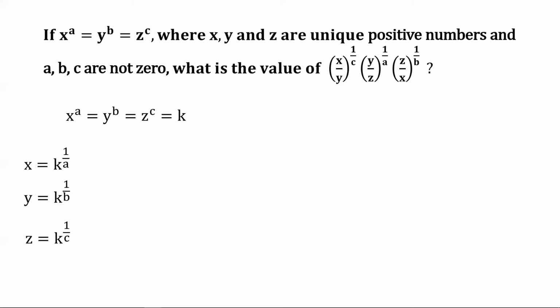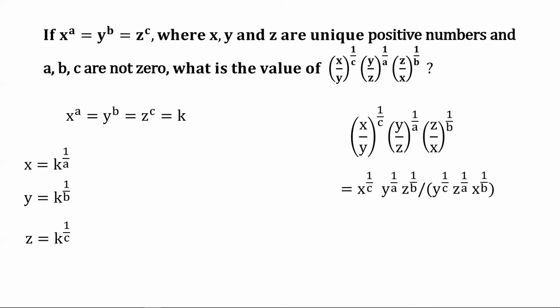So now let's take a look at the expression that we have been asked to find the value of. If we take the brackets out and just separate the numerator and the denominator, this is what we end up getting.